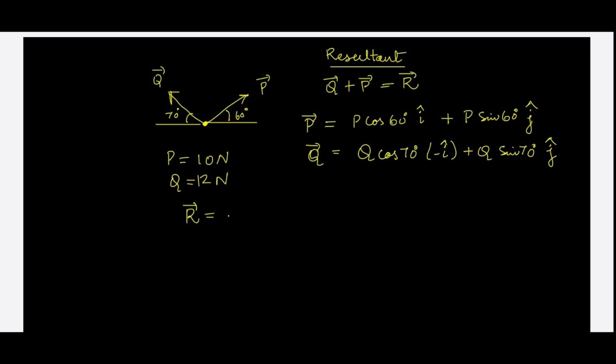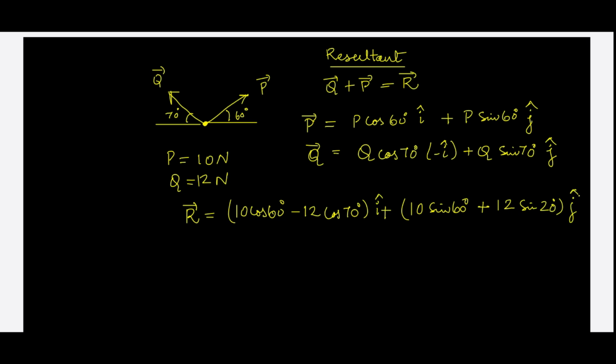Okay, so now your resultant R is, adding these two, 10 cos 60 degree minus 12 cos 70 degree, plus 10 sine 60 degree plus 12 sine 70 degree. Sorry, the first is along the i cap axis and this is along the j axis.